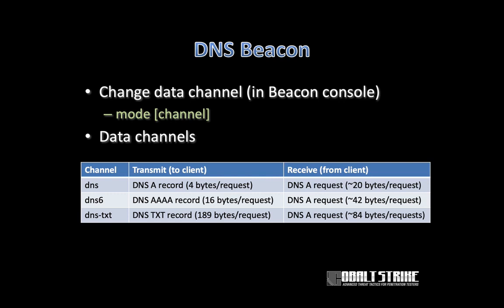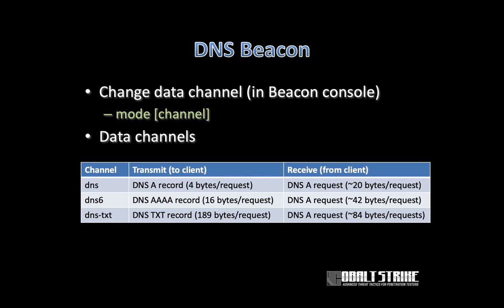There's mode DNS to have the DNS beacon download tasks one A record request at a time. You can use DNS6 to have the DNS beacon download tasks using a quad A record. And again, the DNS text channel is a way of doing DNS text records to download taskings.